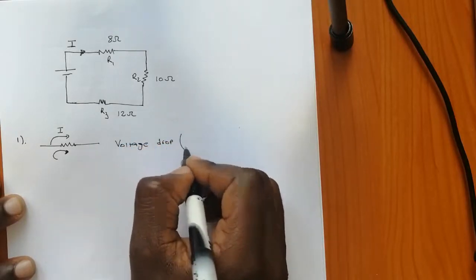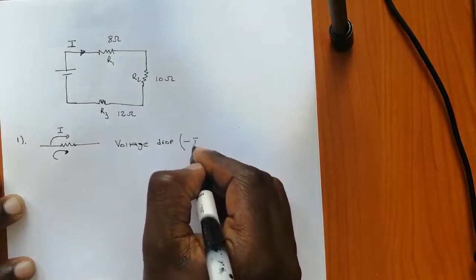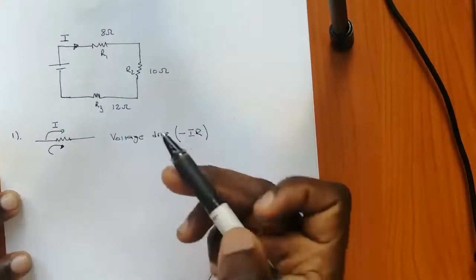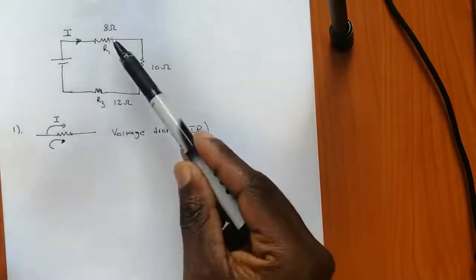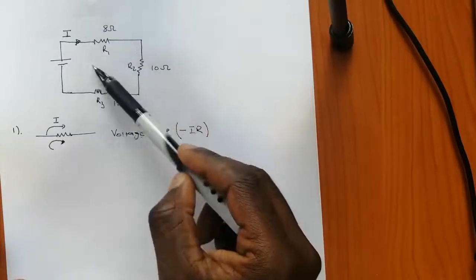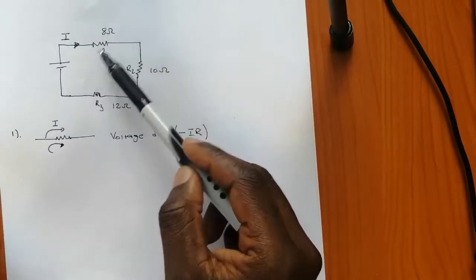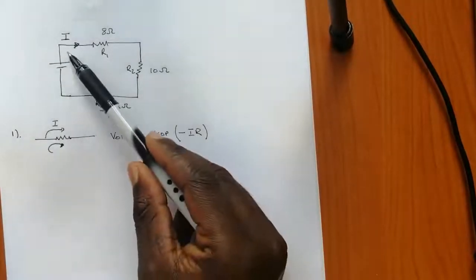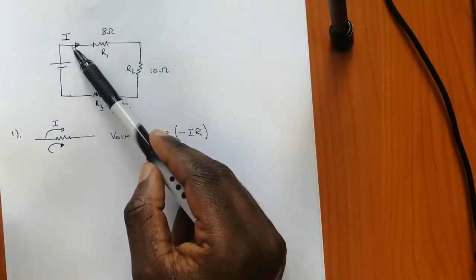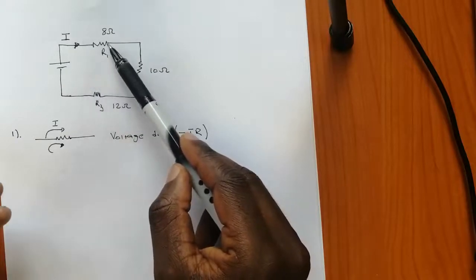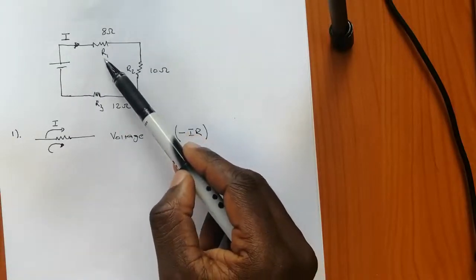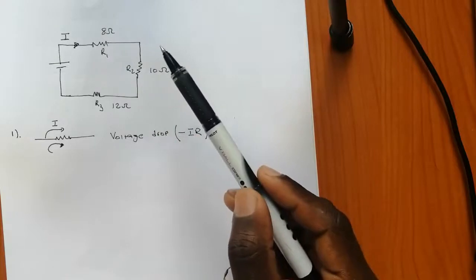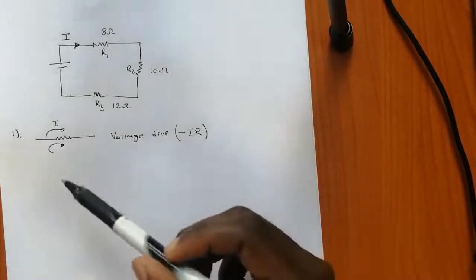In other words, you will have minus IR. This simply tells you that the resistor here is going to eat up some current. So if you are providing 5 oranges, this one will take a certain amount of oranges and let other oranges pass. A similar thing is happening.